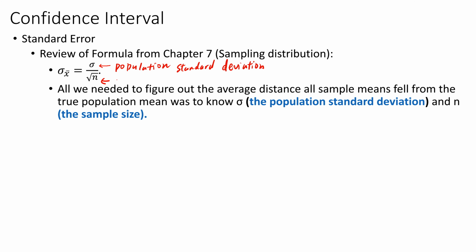N here is the sample size. All we needed to figure out the average distance all sample means fell from the true population mean was to know sigma, the population standard deviation, and the sample size.